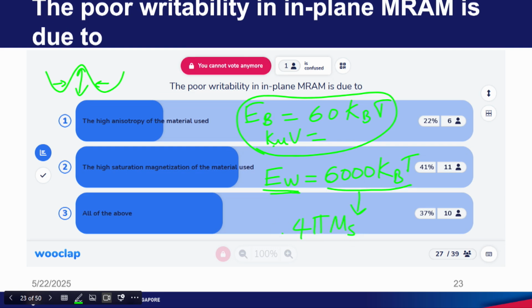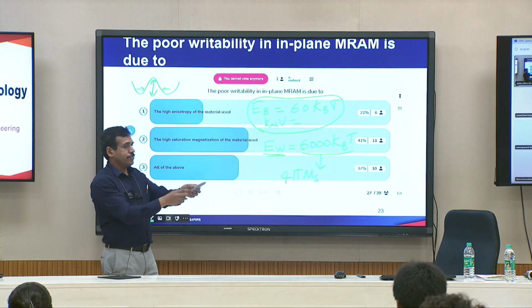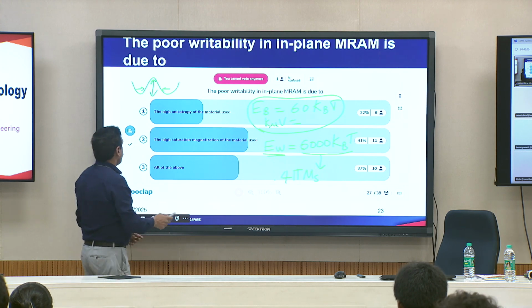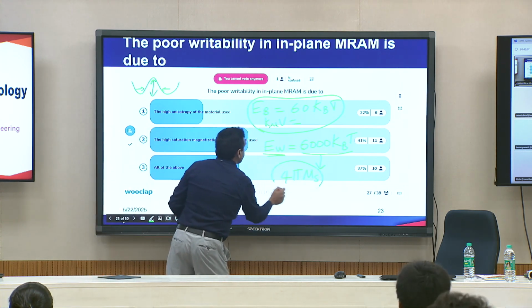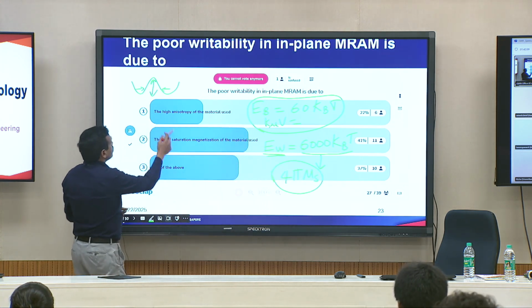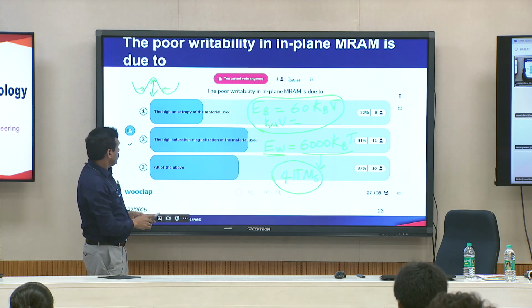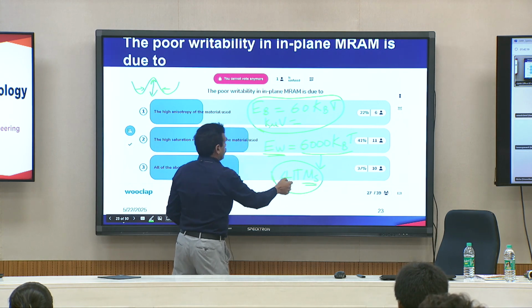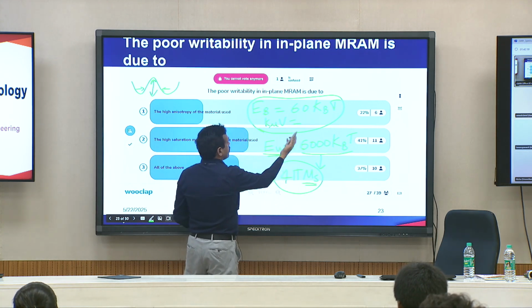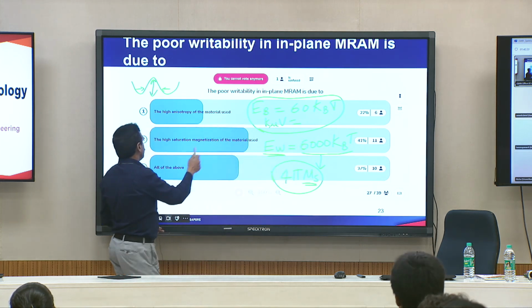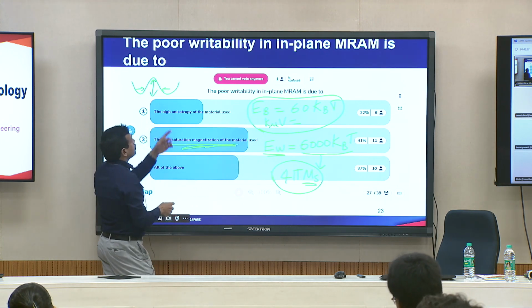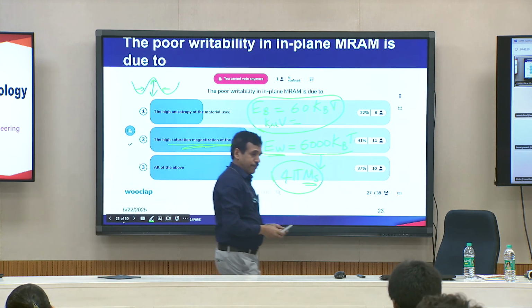Because the magnetization is precessing through the hard direction, it is this one that causes the writability problem. So, if Ms is large, this energy will be even larger. If Ms is small, this energy will be smaller. So, it is basically the saturation magnetization that causes the writability problem.